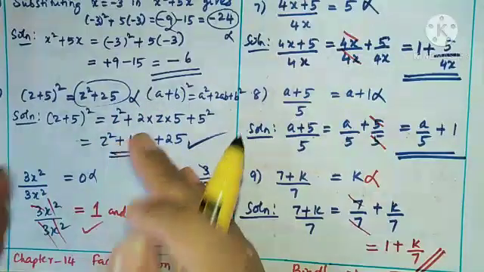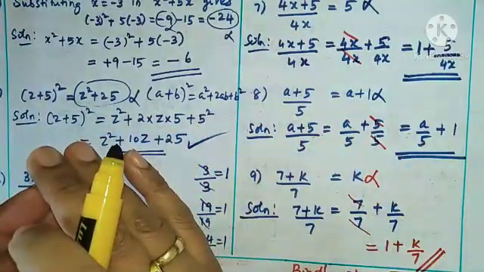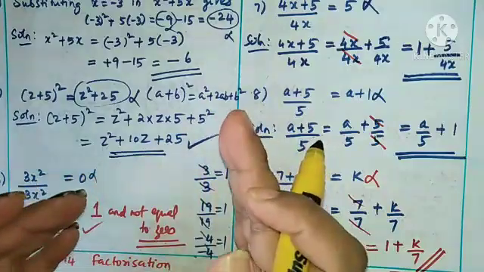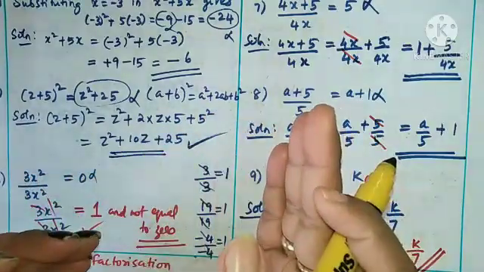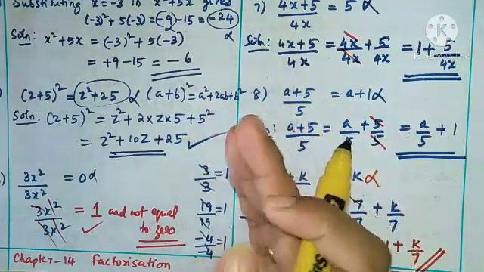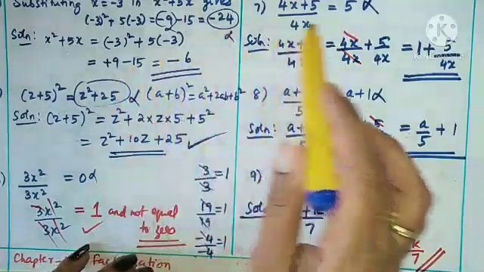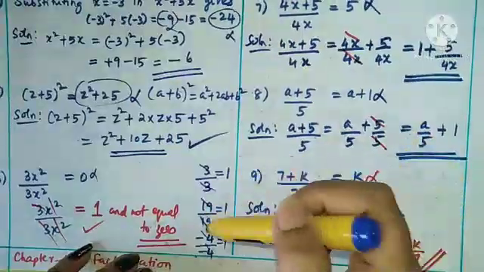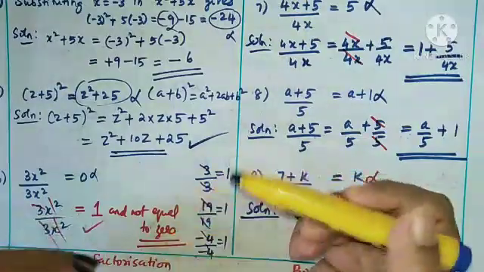So understand the concept very thoroughly: how to take the common factors, how to regroup the terms, how to use the identities of factorization, and how to be careful with all these problems. These are all simple, silly mistakes that somebody will make when doing the problems.